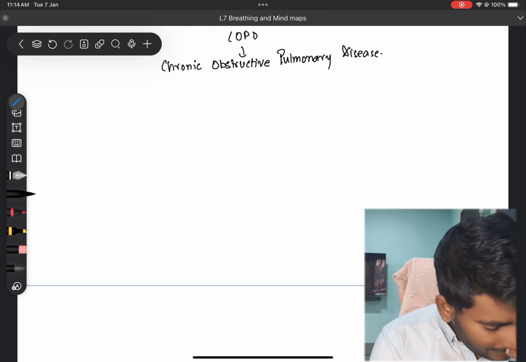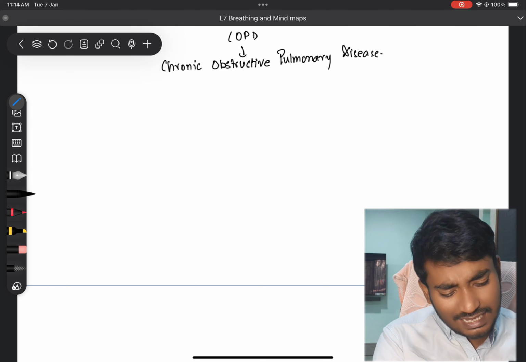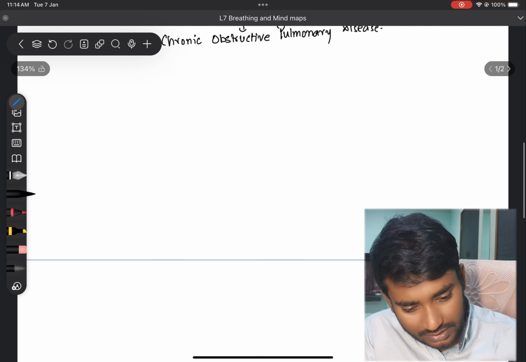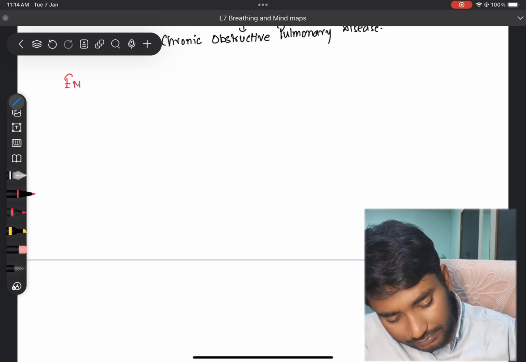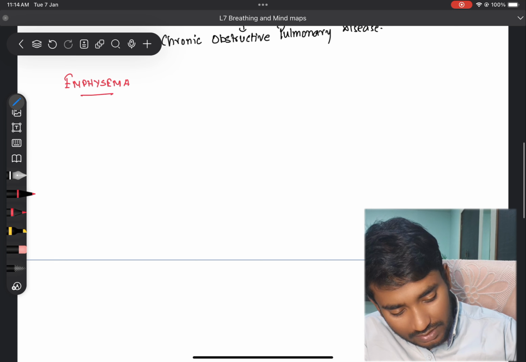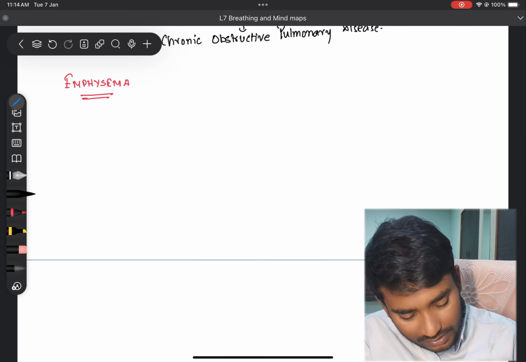Okay. Now we come to the next topic, emphysema. Only these two are given in your NCERT. Check it. Give the topic as emphysema. What is emphysema?